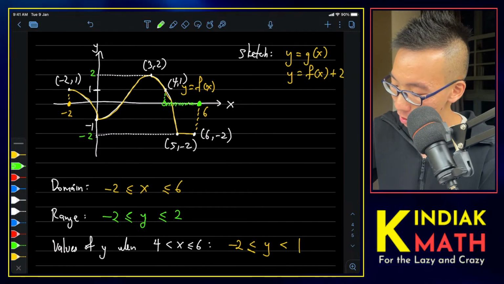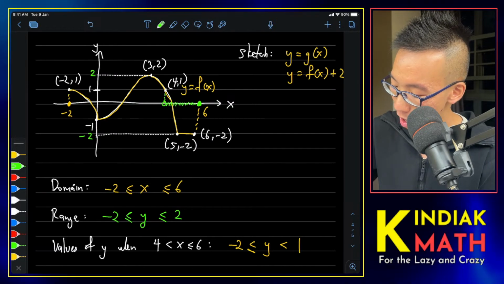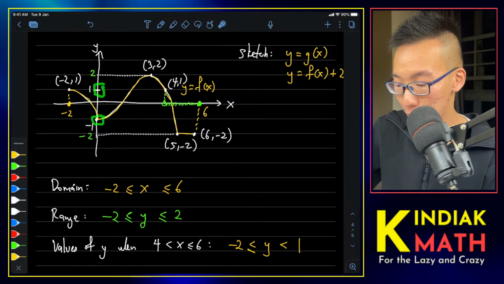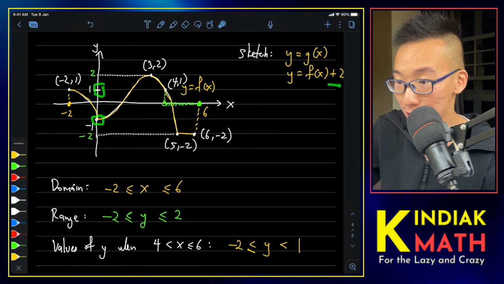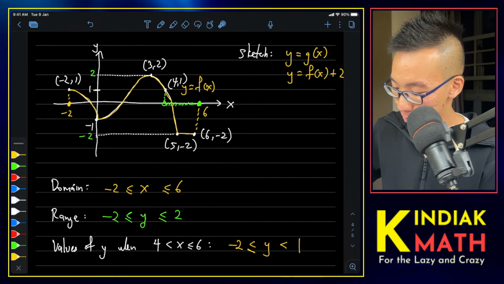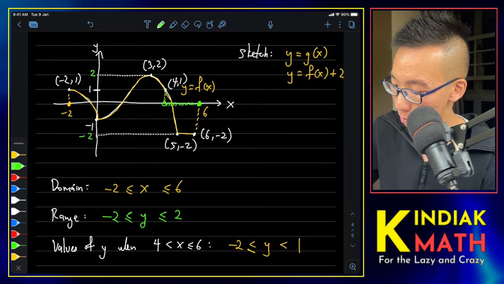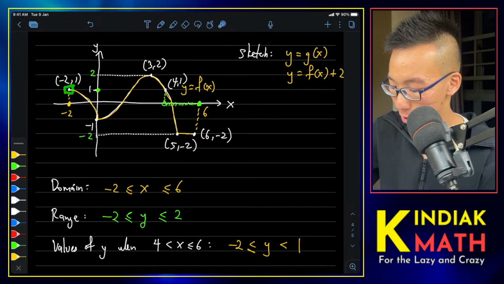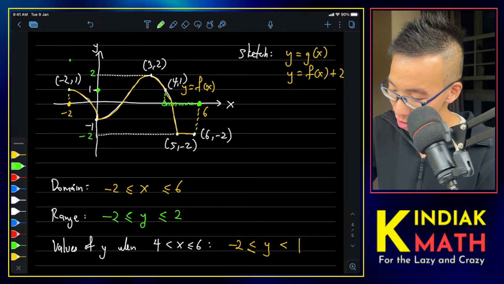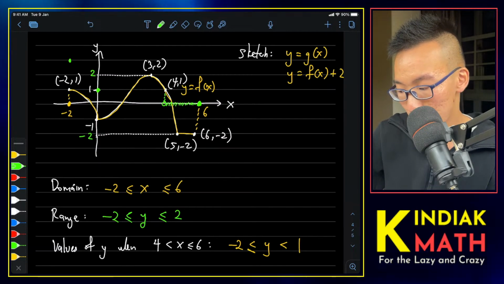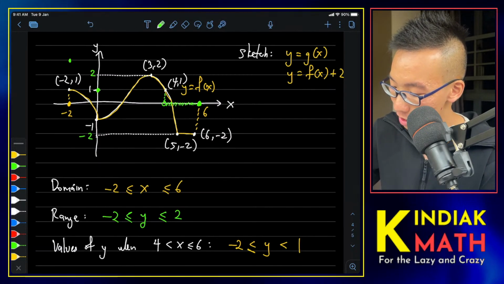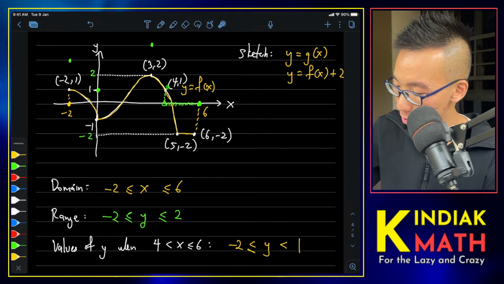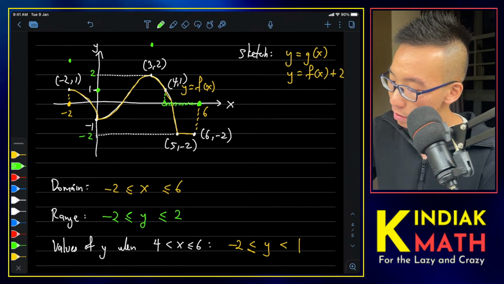So I'm going to have to take -1, right? -1 gets shifted up to +1 because we're adding 2 units. So the new graph will pass through this point. Instead of -2, 1, we're going to get the point -2, 3. Instead of 3, 2, we're going to get the point 3, 4. Instead of 4, 1, we're going to get the point 4, 3.